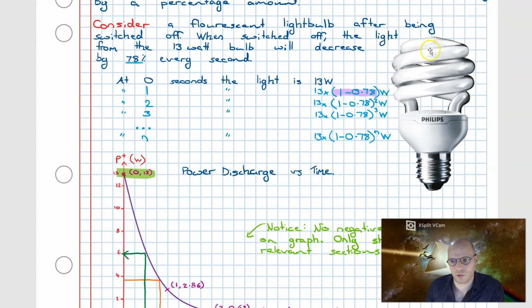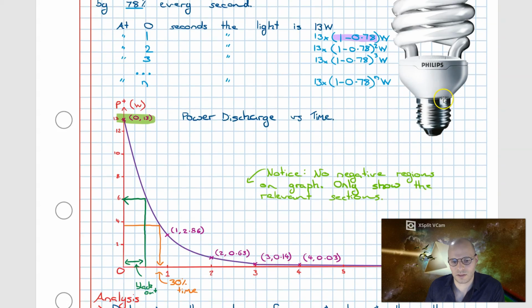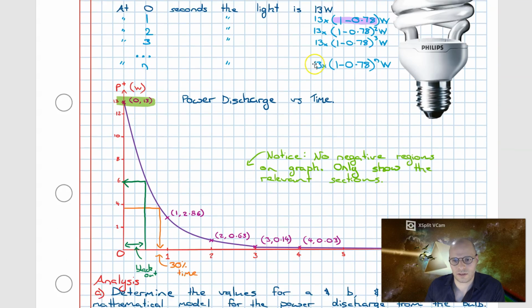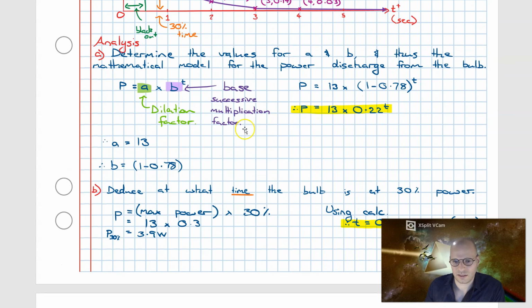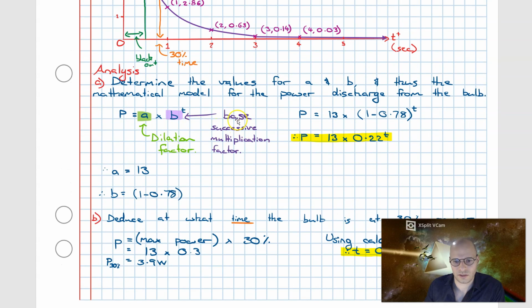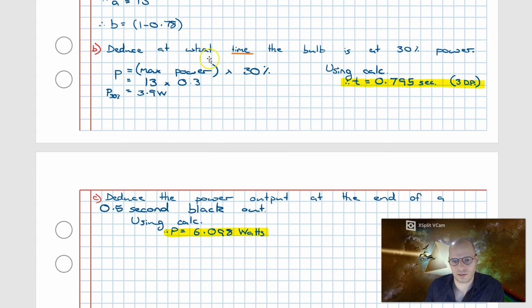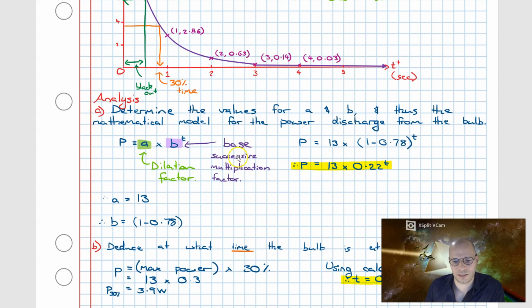So this fluorescent bulb, when you turn it off, the light itself is going to slowly decay over time. We then got the value, turned it into a graph, and then we turned the graph itself into the mathematical model shown over here, so the algebraic representation. After this, we answered 2 questions by some clever manipulation using our calculators.